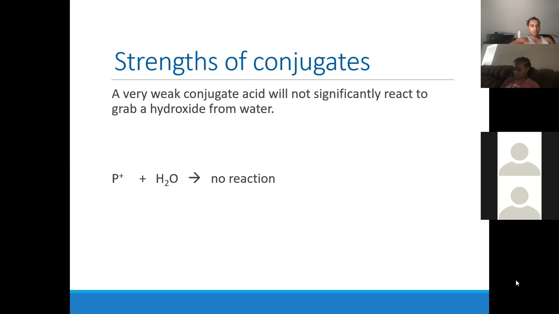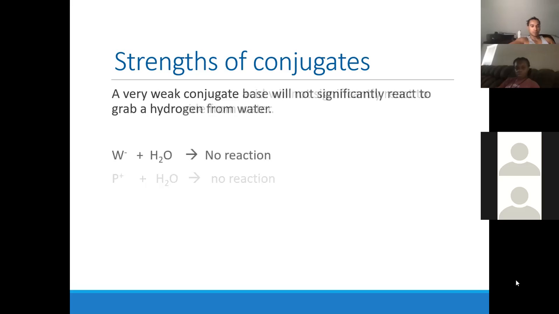I got no reaction. So no, my M plus will not produce any H plus, and by consequence, my A minus, because it's weak, will not generate any OH minus.